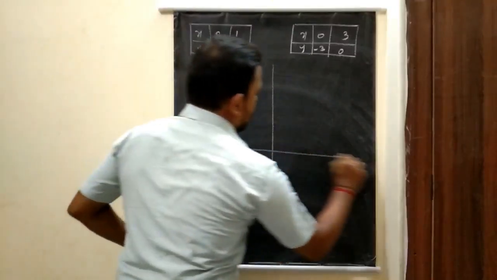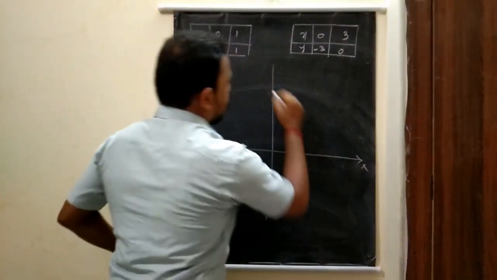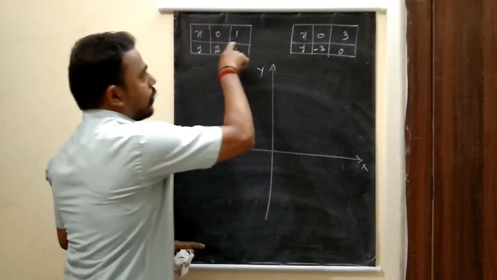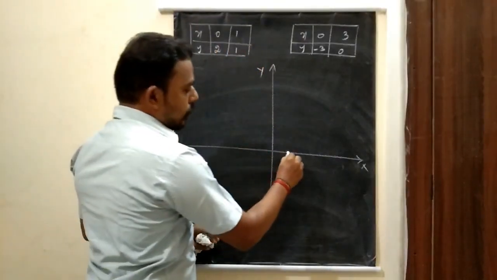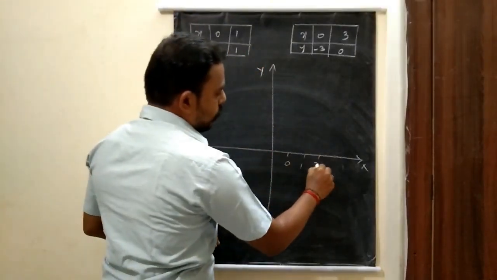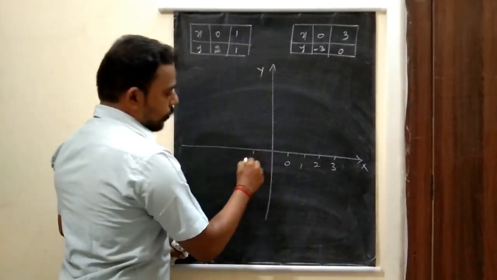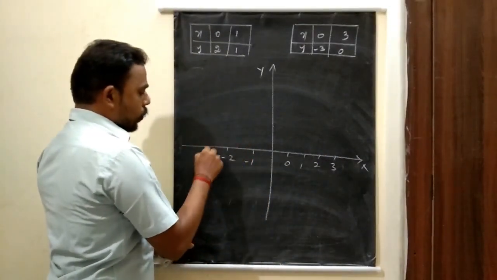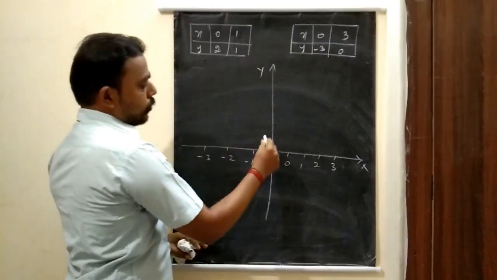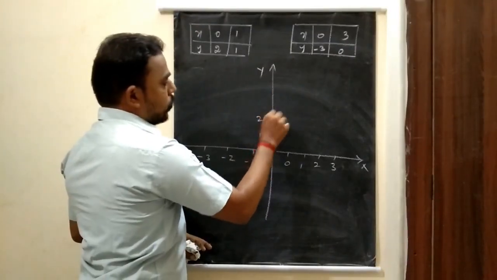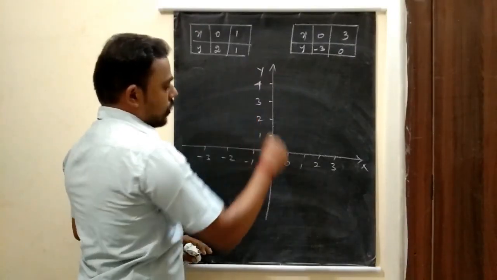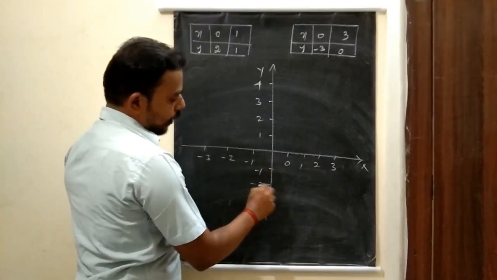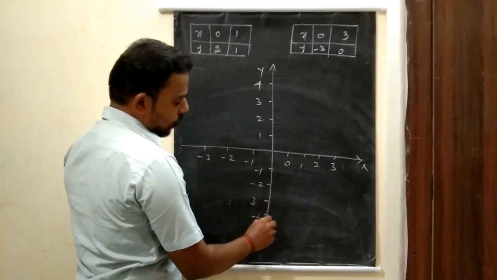For that, you already know that on our x axis and y axis we are going to give the values 0, 1, 2, small numbers. So 0, 1, 2, 3, and minus 1, minus 2, minus 3, and so on. Here 1, 2, 3, 4, and minus 1, minus 2, minus 3, minus 4, and so on.